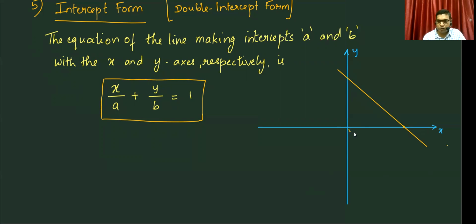So this is A, this is B. This A is called the x-intercept. The line is intercepting the x-axis, this B, and this B is called the y-intercept.